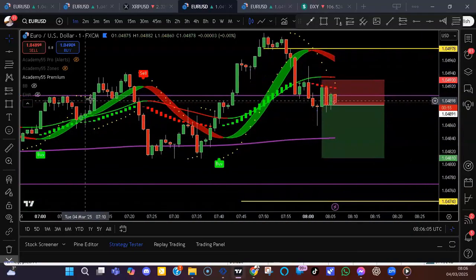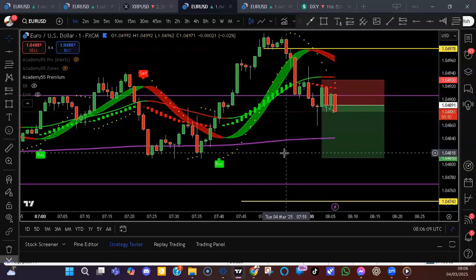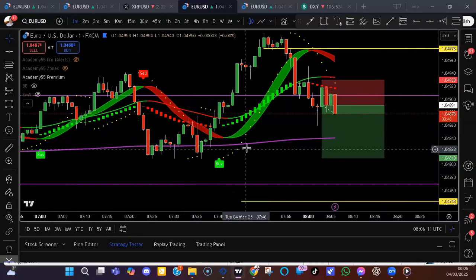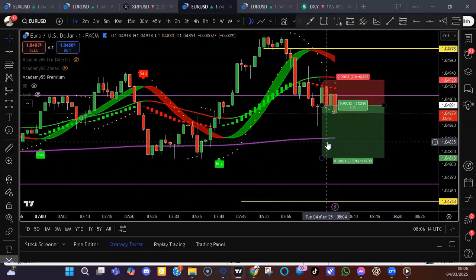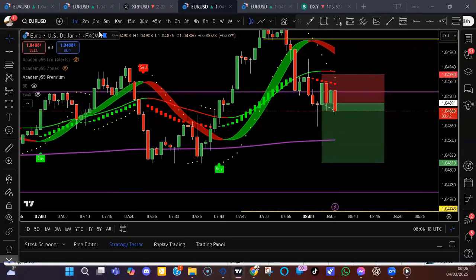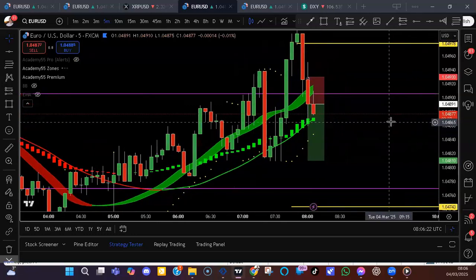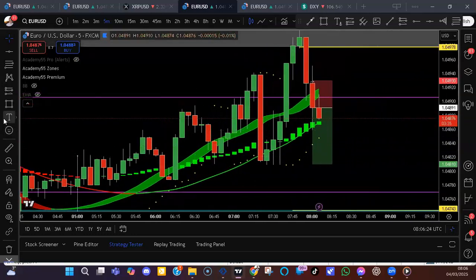As you can see, we've got a support and resistance line that is bouncing up and down on here. I'm hoping price is going to come and meet the purple line. Let's have a look on the 5-minute time frame. It's a lot easier on TradingView than it is MT4.